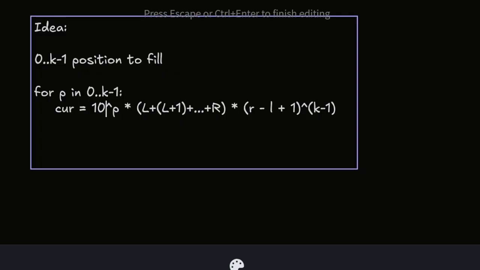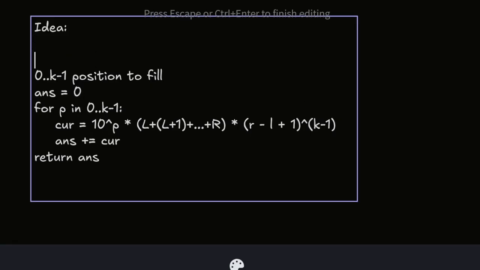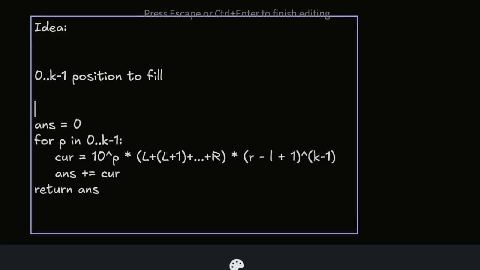So each one of them will have R minus L plus 1 possibilities. So basically we will just do that, and then answer plus equals cur, with answer starting at 0, and that is the brute force.